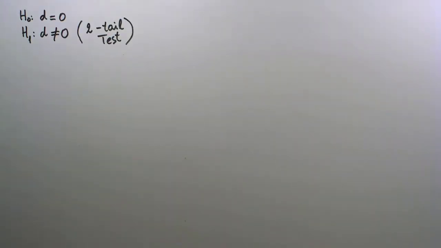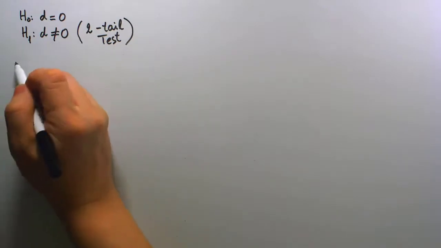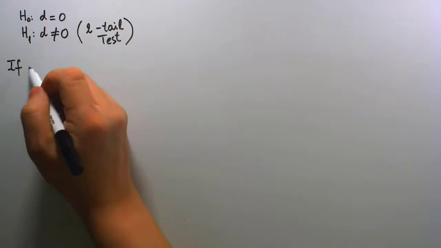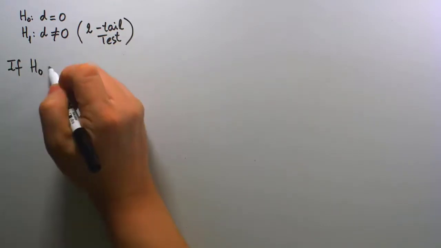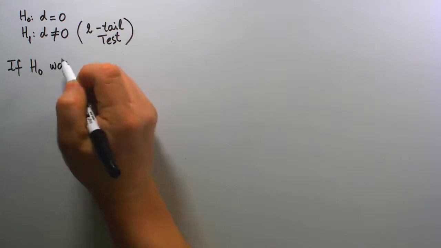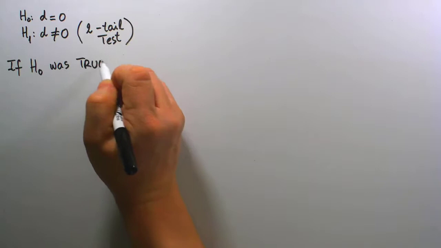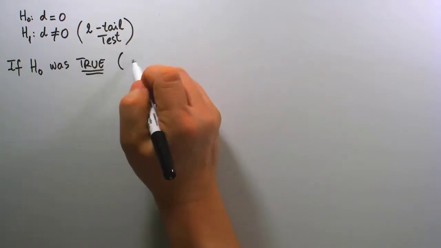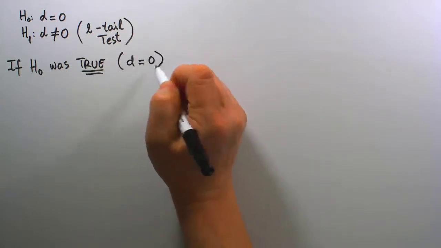And so now for our current question, I'm going to start out with the reasoning as follows. If we are currently accepting H sub 0 to be true, or what if H sub 0 was true? And H sub 0 is saying the difference in the two population means equals 0.